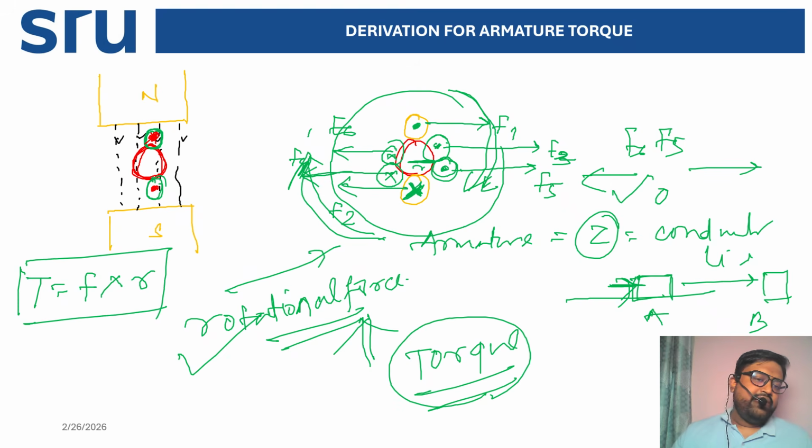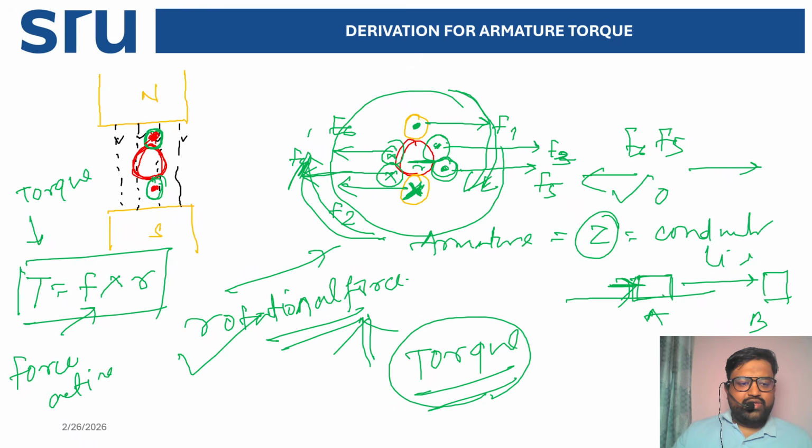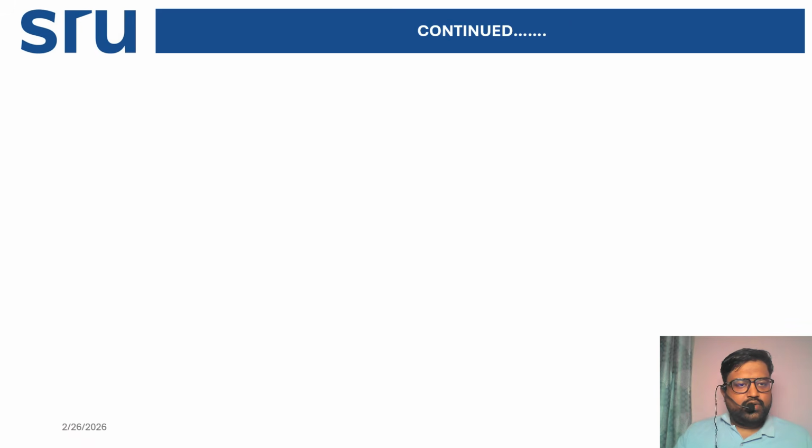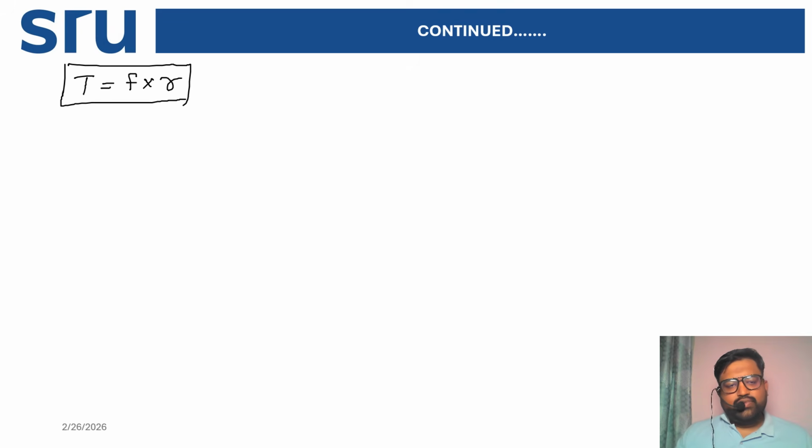That is torque, and it is the force acting on the armature. Now, the torque formula we derived: torque equals force into radius. Keep that in mind. It helps to find the equation. But we got the force.